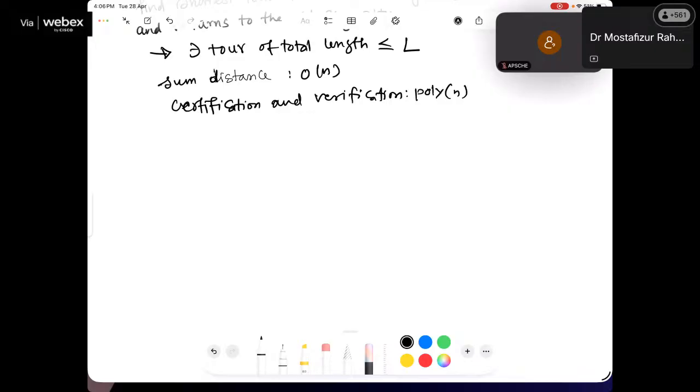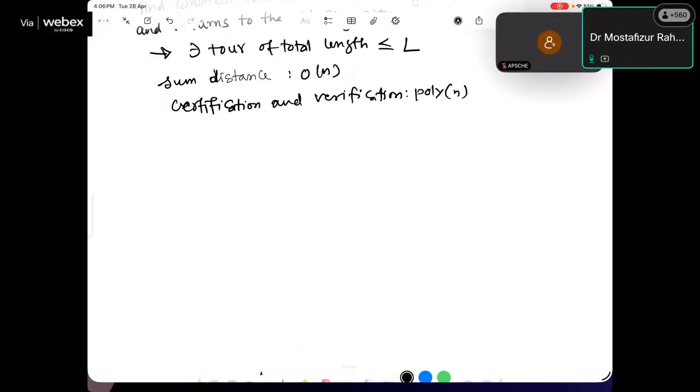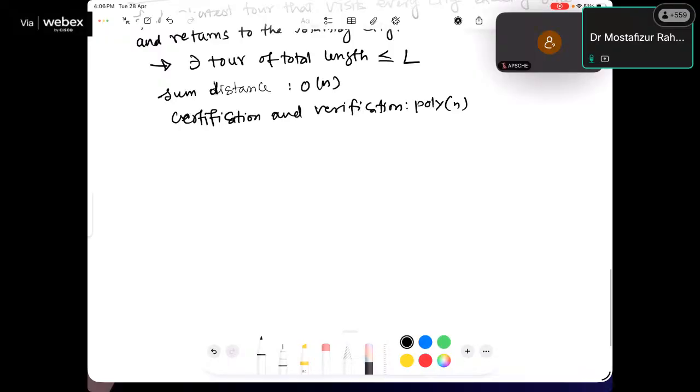And this verification in polynomial time doesn't mean that the solution is in polynomial time. If we solve this problem using brute force, basically the salesman without any prior knowledge just visits each and every pair and checks.